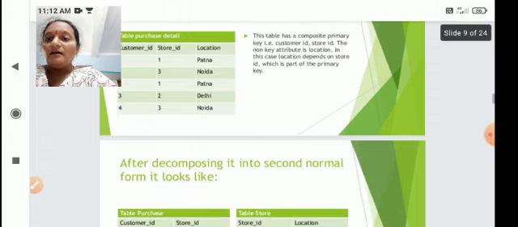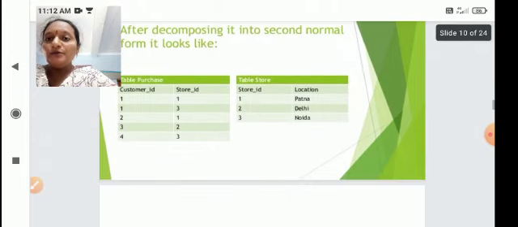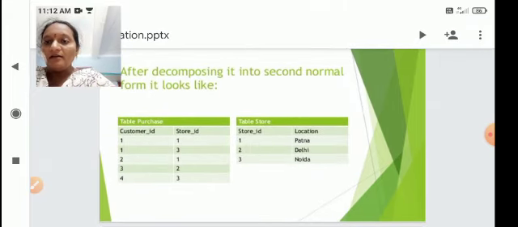So we are decomposing into two tables. After decomposing into second normal form, it looks like customer id and store id in one table, and store id and location in the other.